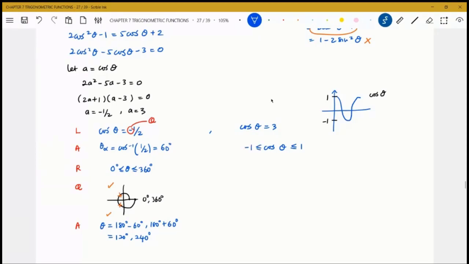So di sini kita dapat cos theta adalah 3. Bermaksud dia out of range. So since cos theta in between negative 1 and 1, so cos theta equal to 3 is undefined. Okay, so tak perlu cari dah. So jawapan akhir untuk kes yang ini adalah theta sama dengan 120 dan 240 di mana kita dapat daripada first case.